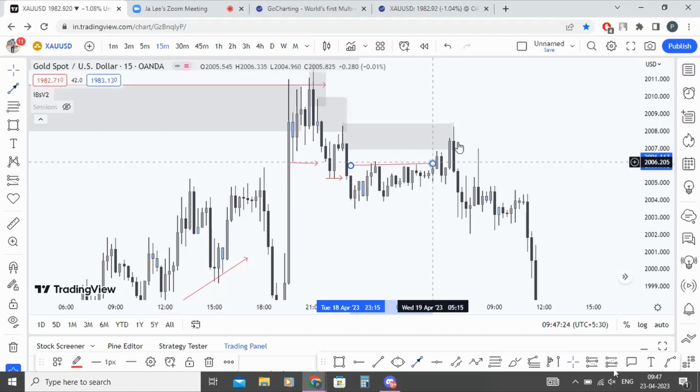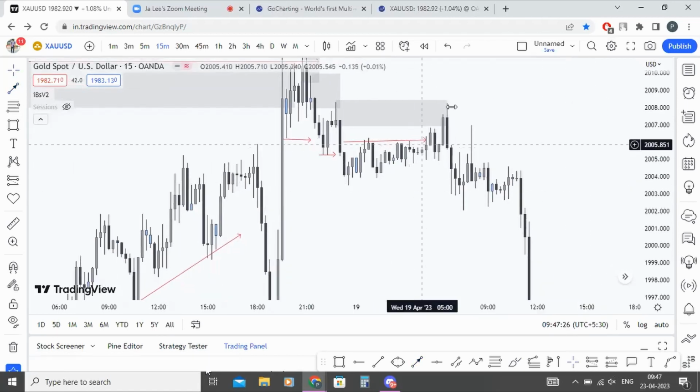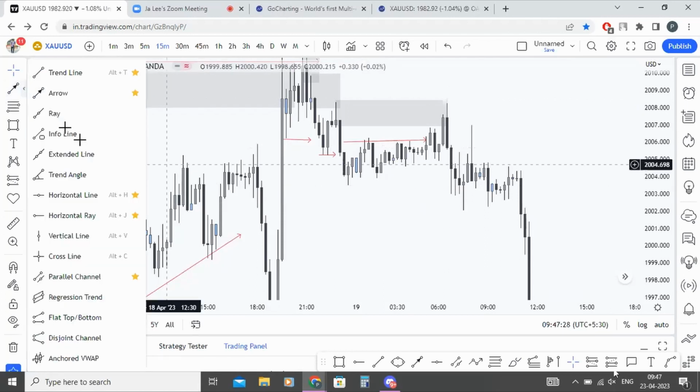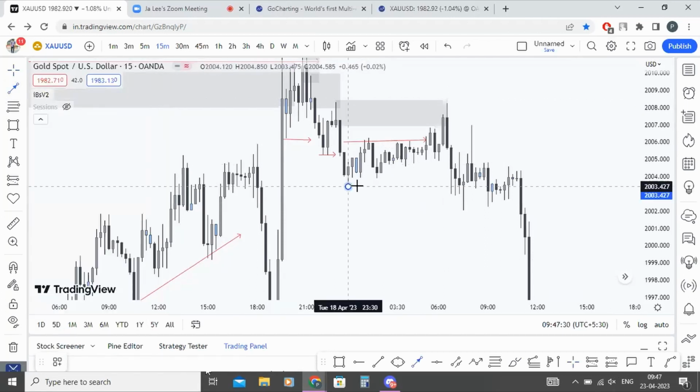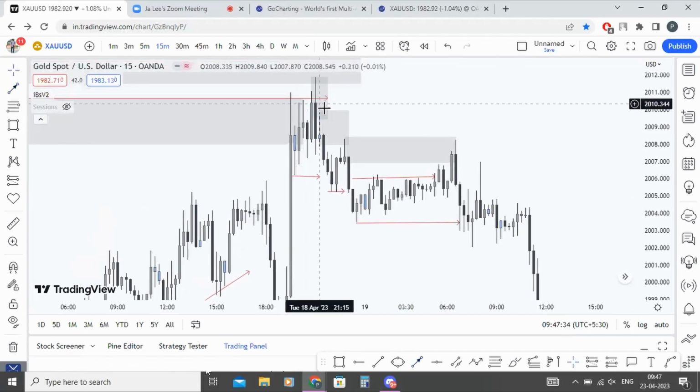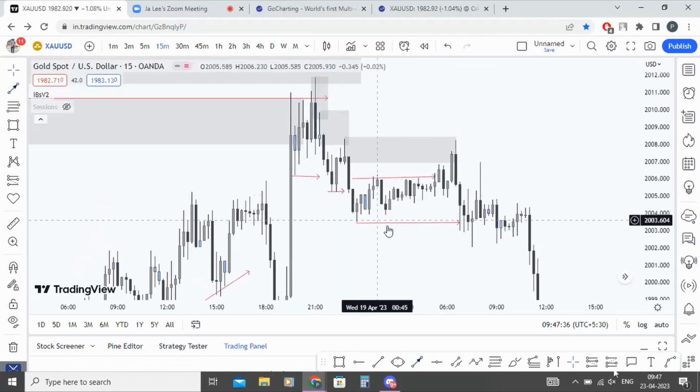So when it taps right here, it breaks this area. After that, this low is gone. So now we have a supply chain and demand failure.